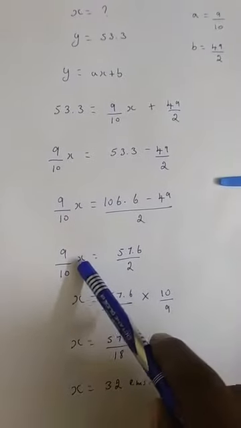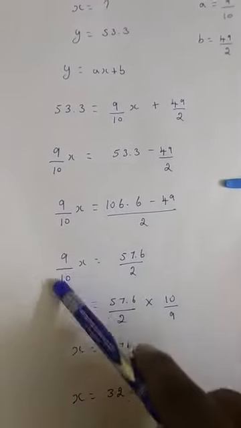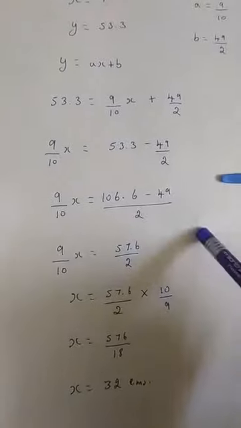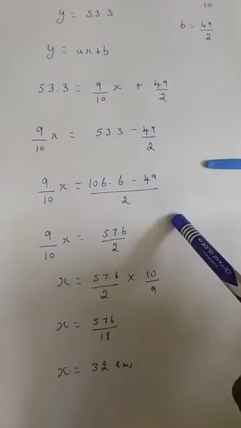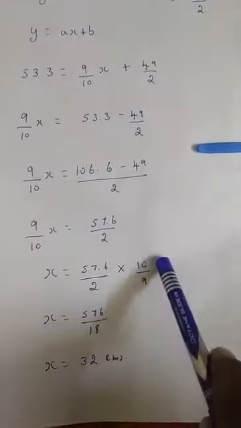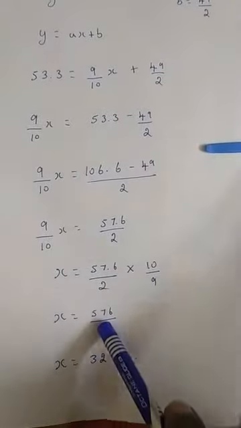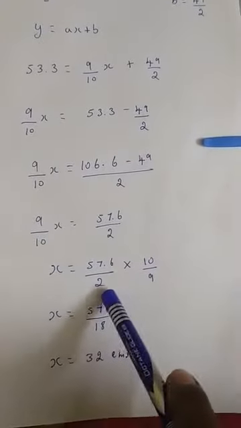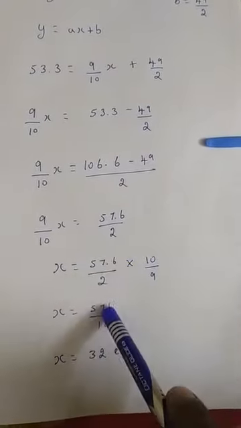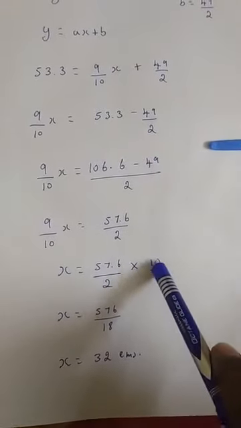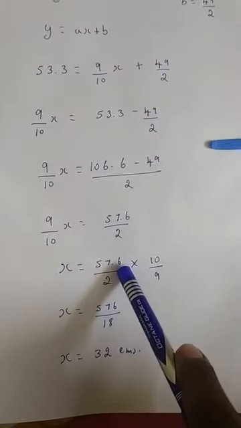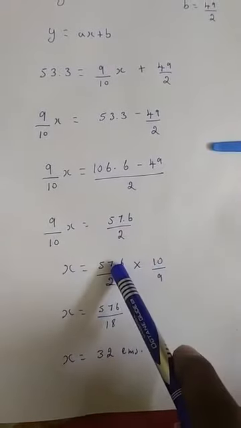So now we have to find the value of x. So take this 9 by 10 to the other side. It becomes the reciprocal. Therefore 9 by 10 becomes 10 by 9. So if you multiply 57.6 into 10 it is 576, divided by 2 into 9 is 18. Why is it 576? Because in multiplication, the decimal will move to the right side.